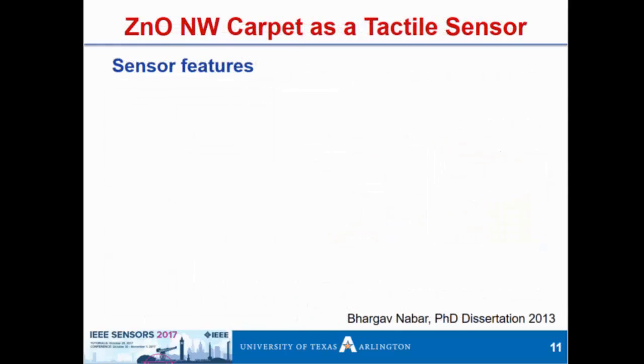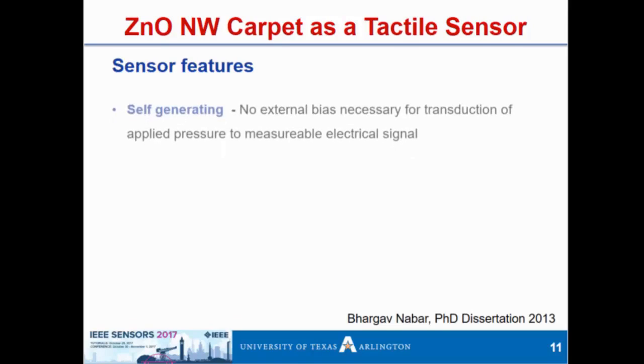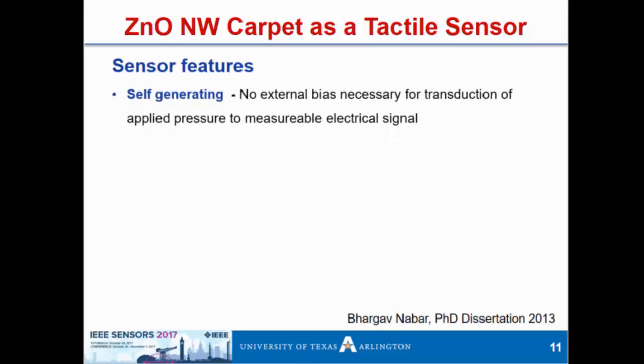All right, coming to our work. We have built zinc oxide patches that we call nanowire carpets, as tactile sensors. These are, as with all other piezoelectric sensors, self-generating. You don't need to power them.